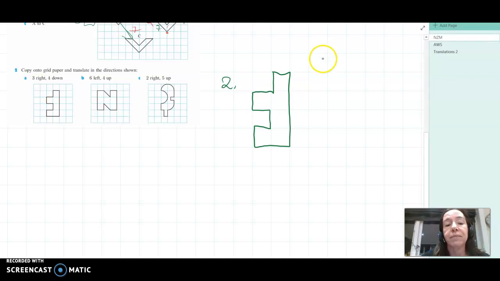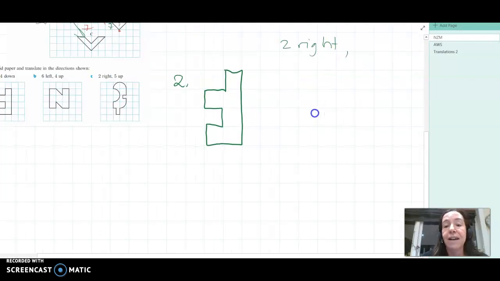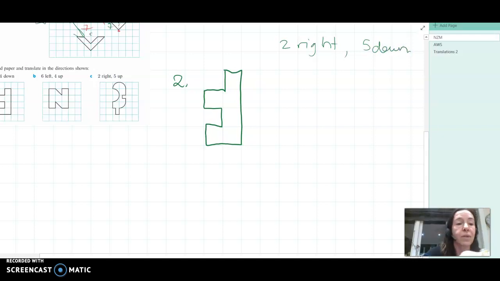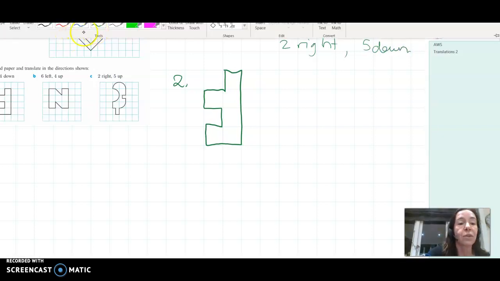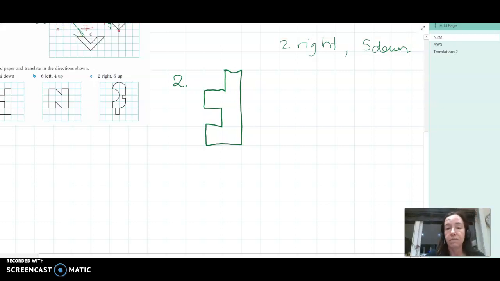Let's move it 2 right and 5 down. Okay, so that's just 2 right and 5 down. So just so that you can still do the example that they've given. Okay, so I'm moving 2 right and 5 down. So pretend this is my example question.